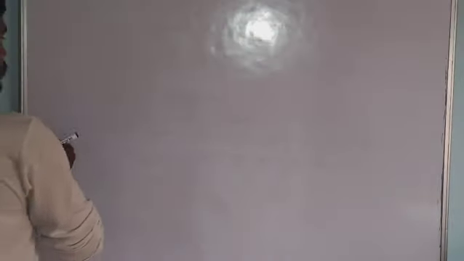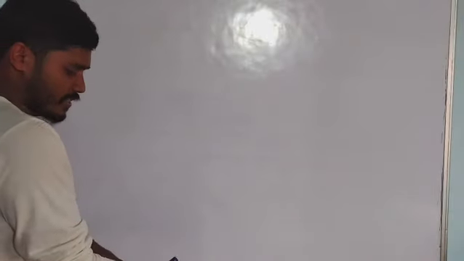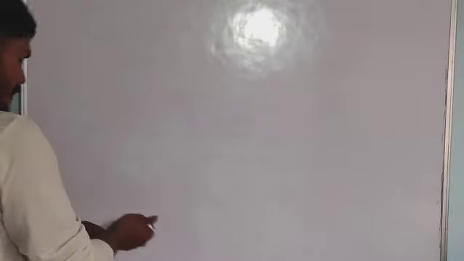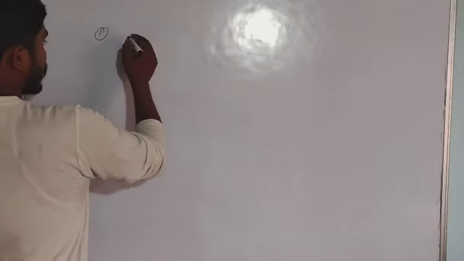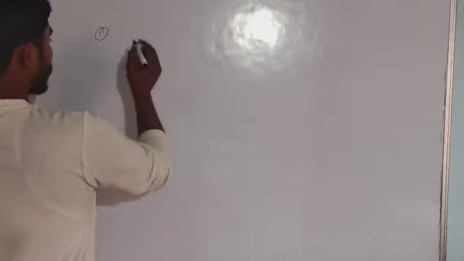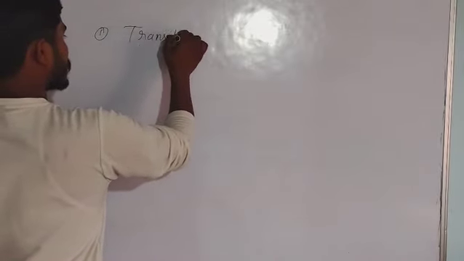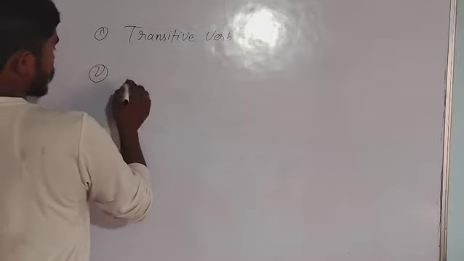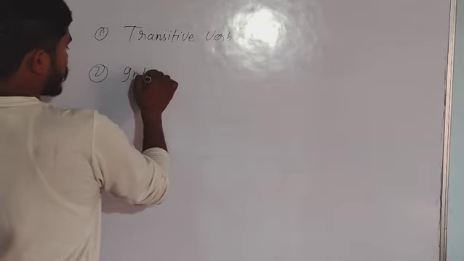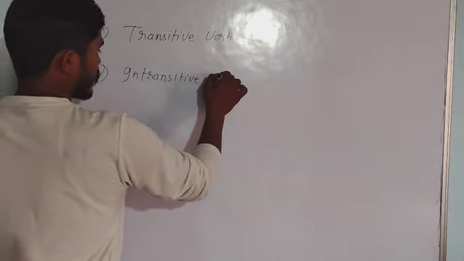So the first verb is there. It's a new marker, that's why it is taking time to be opened. Now we can see here the first verb is transitive verb. Okay, the second one is intransitive verb.